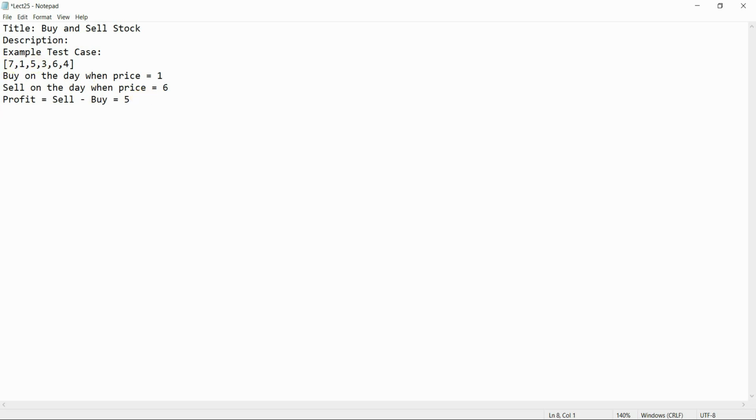The array has the prices of a stock on a given day.